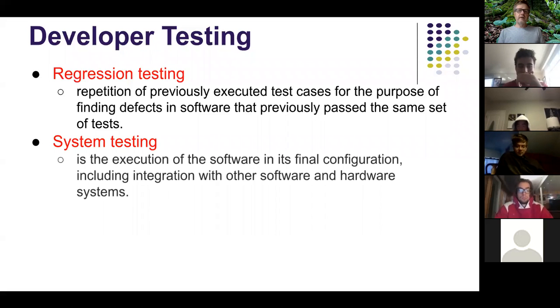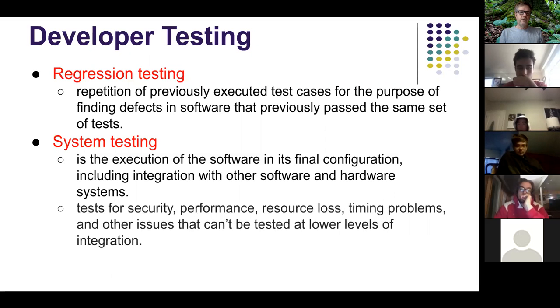System testing is testing the system in its final configuration, which includes integration with other software and hardware systems. One of the things you need to test at the final system level is things like security, overall performance, and resource loss. For example, sometimes you might allocate things and not deallocate everything you allocate, and over time the system runs out of memory.